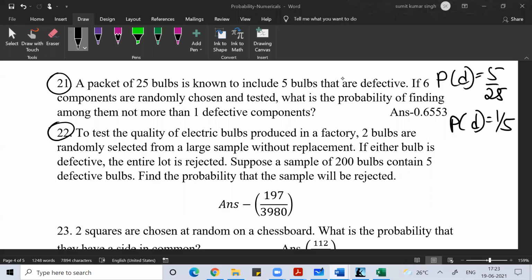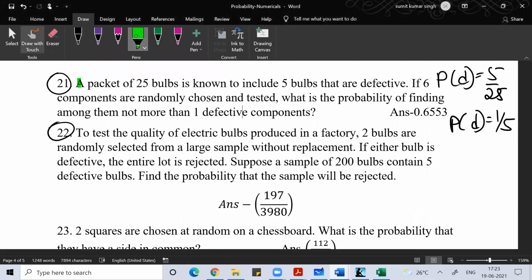So guys, what is given in this question is that a packet of 25 bulbs is known to include 5 bulbs that are defective. So there's a packet, maybe the bulbs are coming in packets of 25 bulbs, and it is known that 5 bulbs are defective.